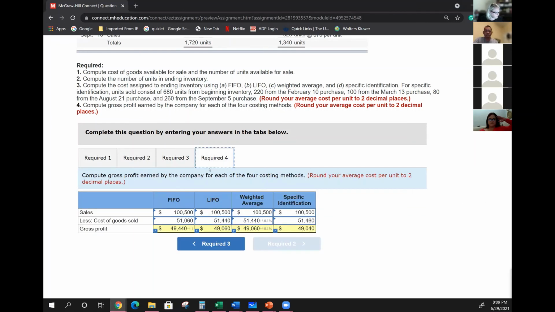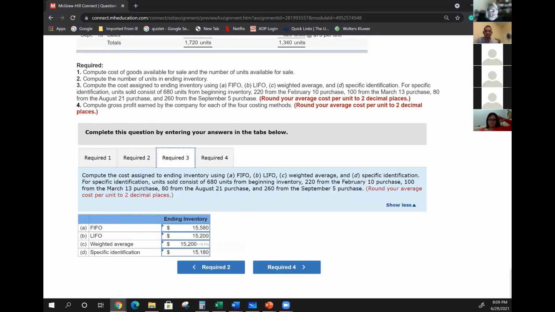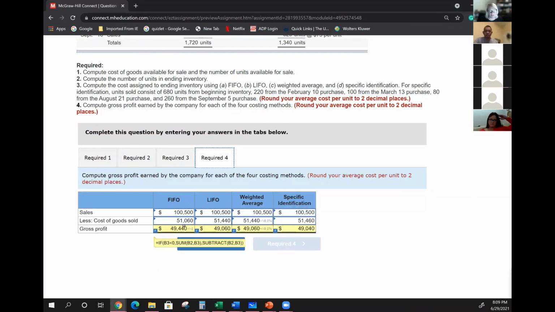For the first one, it's FIFO, and my ending inventory is 15,580. My difference is 51,060, and that's my cost of goods sold.